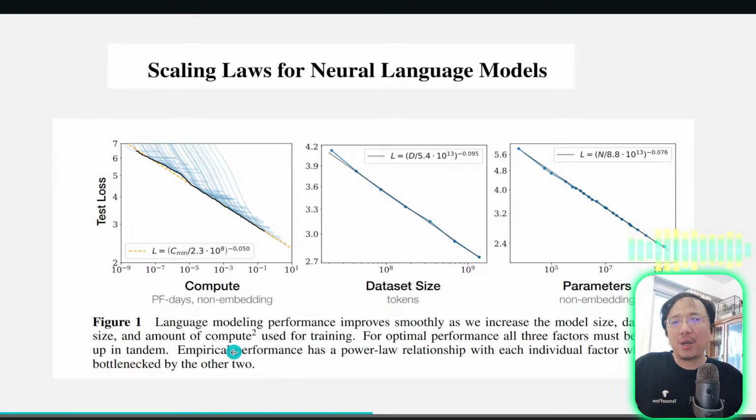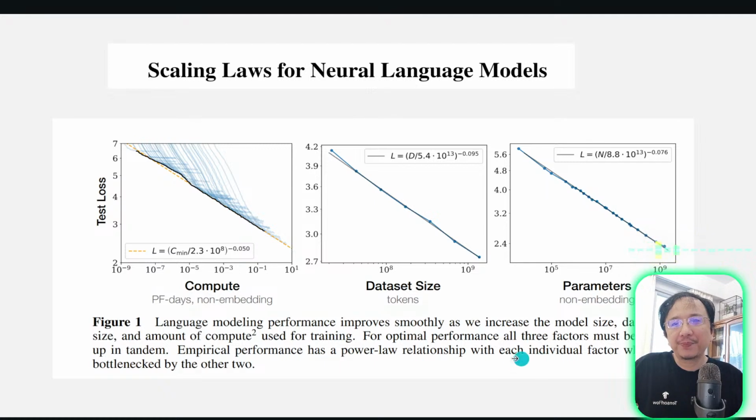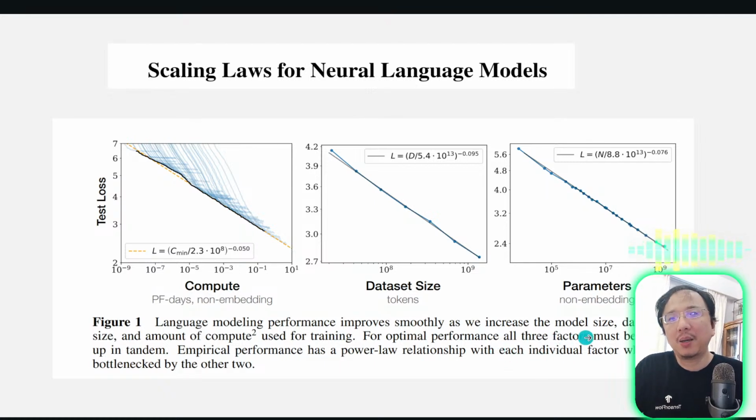So the key point is that language model performance improves smoothly, like a straight line, when we increase the model size, data size, and the amount of compute used for training.